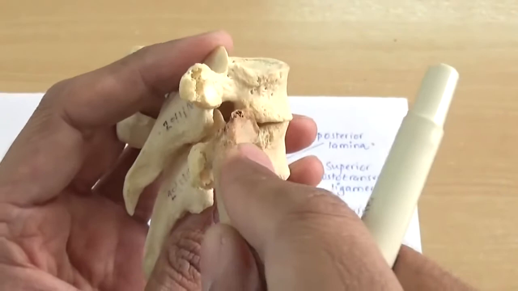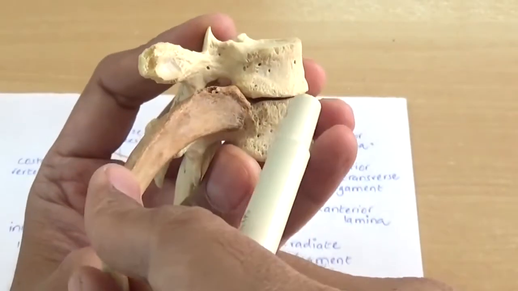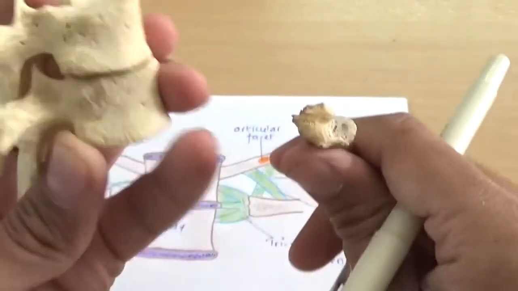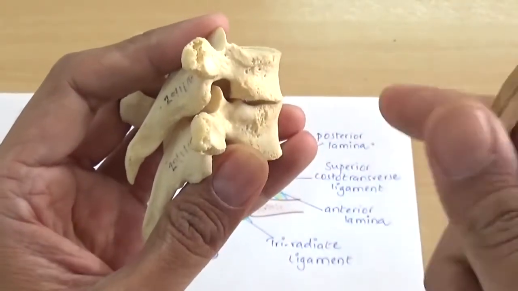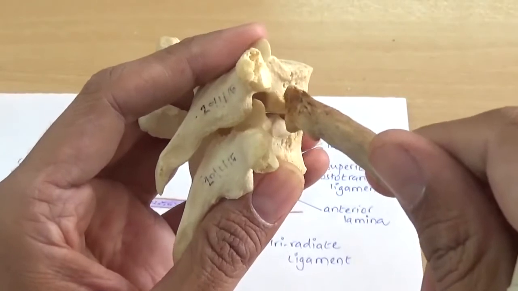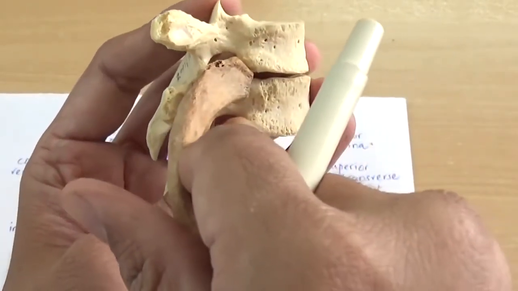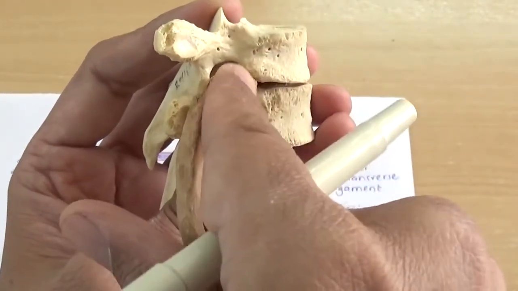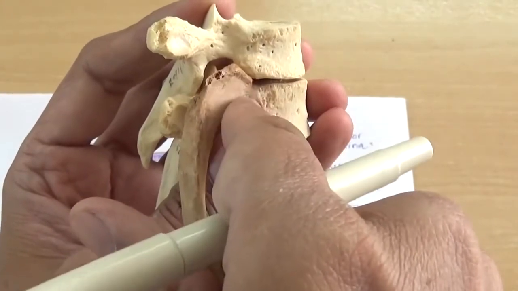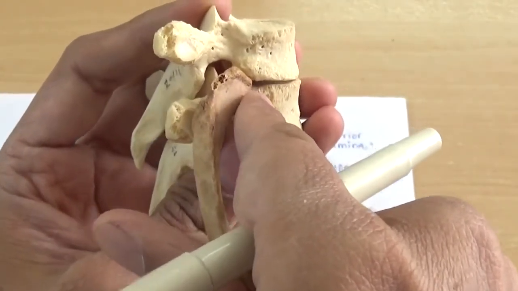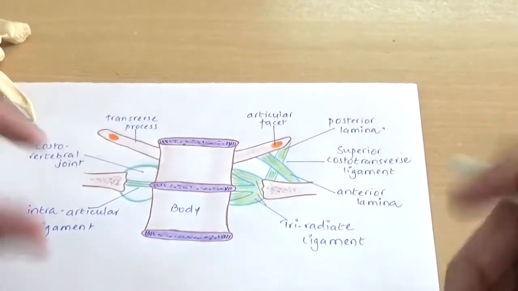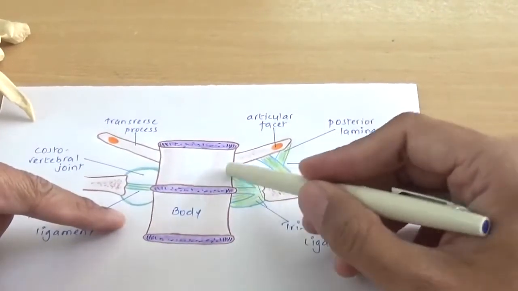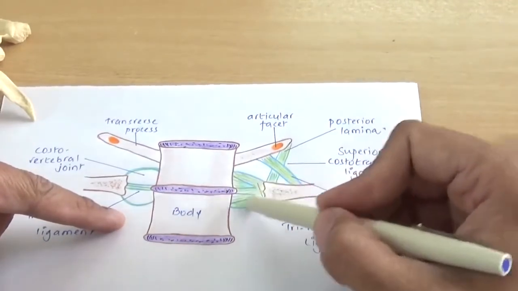Now one more thing, we already discussed that the head of the rib has two articular facets, and that will articulate with two demifacets at the junction of two corresponding vertebrae like this, and in between these three there is formation of the costovertebral joint. One important ligament of this costovertebral joint is the triradiate ligament, which has three bands: upper, middle and lower.